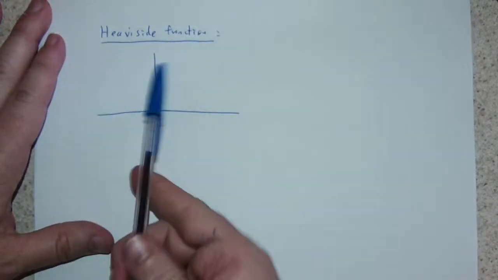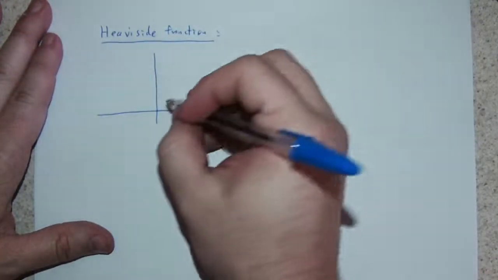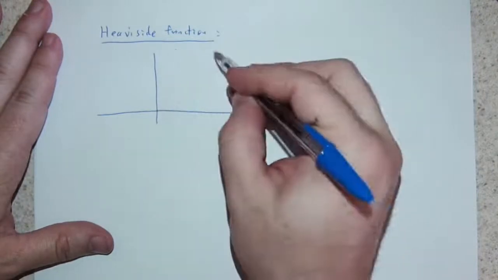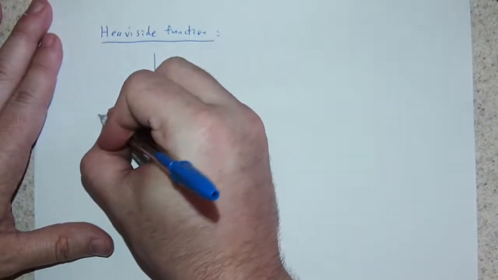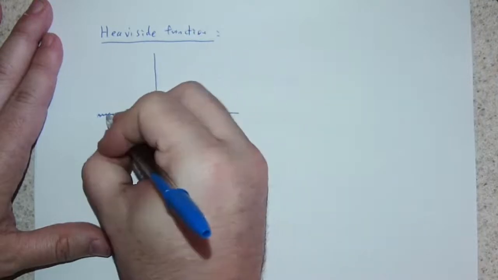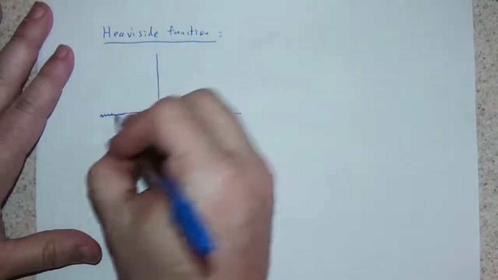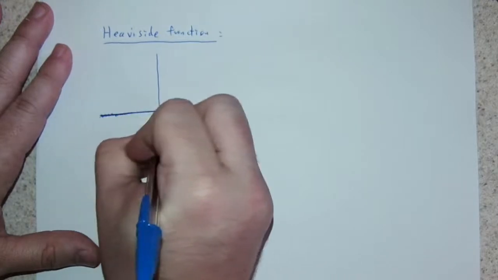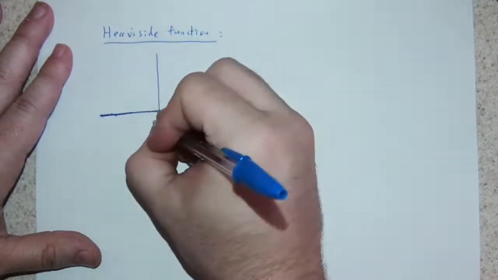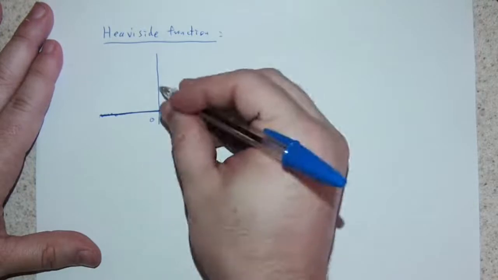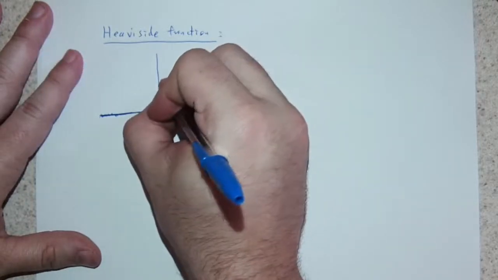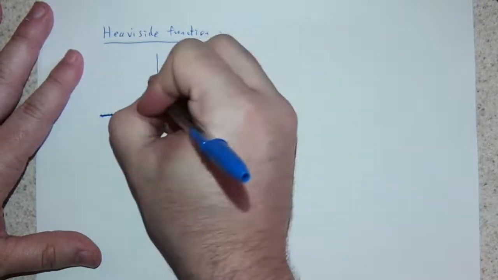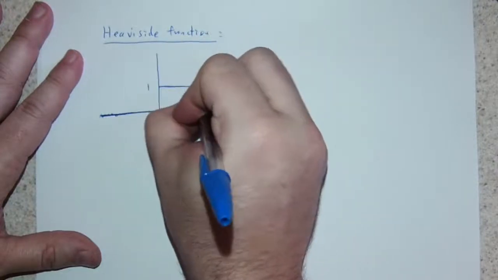The way it is normalized here, it's a switch function that is off, or 0, until 0. And then at 0 it turns on, which indicates that it takes on the constant value 1.